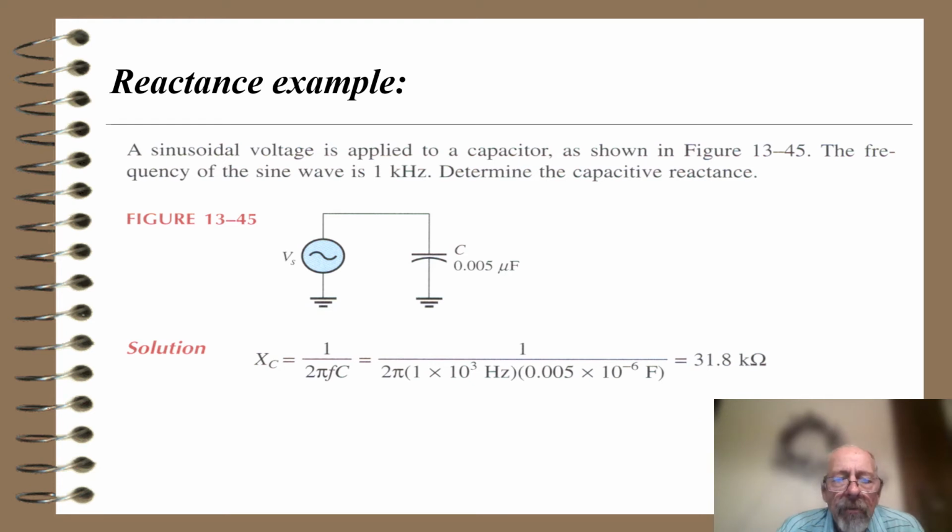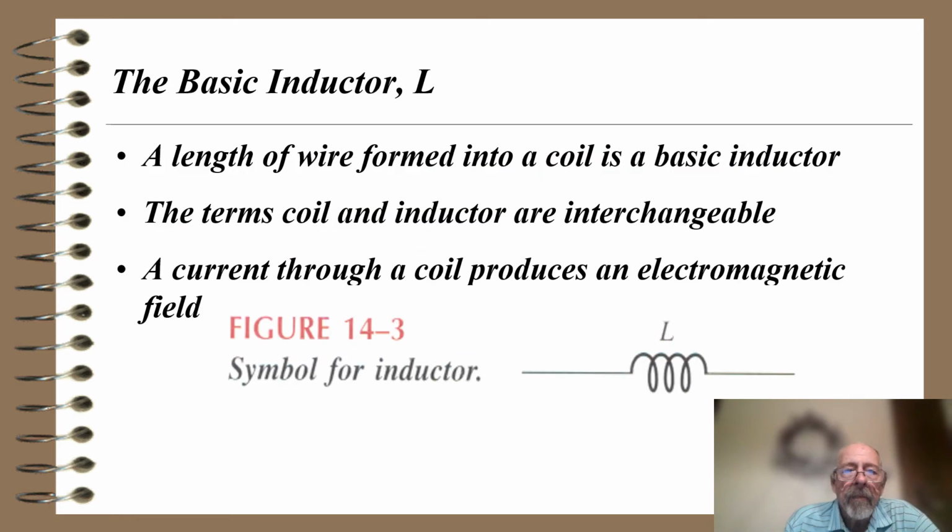We have an AC signal source, V sub S, and a capacitor of 0.005 microfarads. The value of X sub C turns out to be 31.8 k ohms. So a little capacitor has an opposition to the flow of AC of 31.8 k ohms, and we could use that to figure out what the current would be in that circuit.